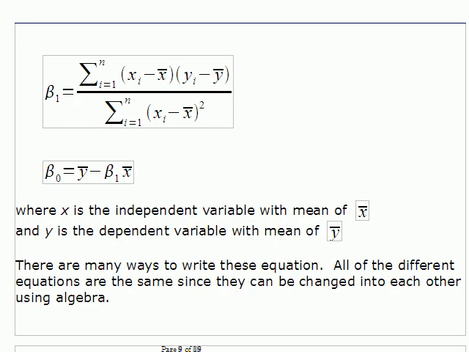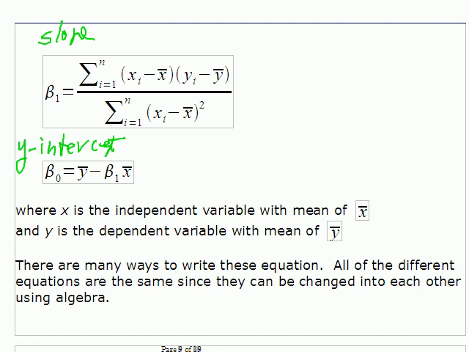After calculus and some algebra, we come up with expressions for the slope. Here's the slope right here, beta 1, and for beta naught, which is your y-intercept, in terms of the data, any data set. So what do we have here? We have terms that look very similar to what we saw for the correlation coefficient, and in the next slide I will show you both formulas so you can see how they're related.